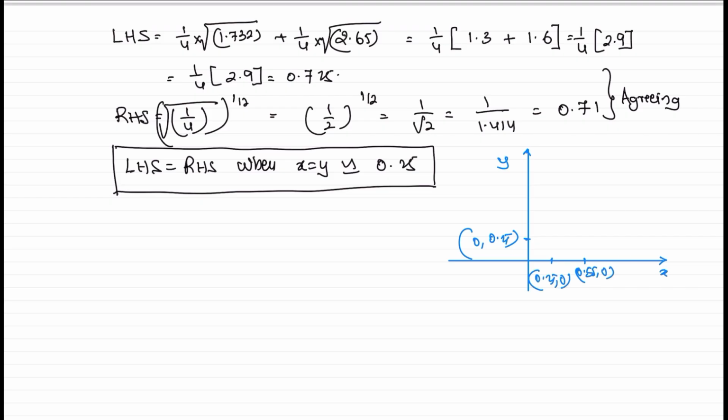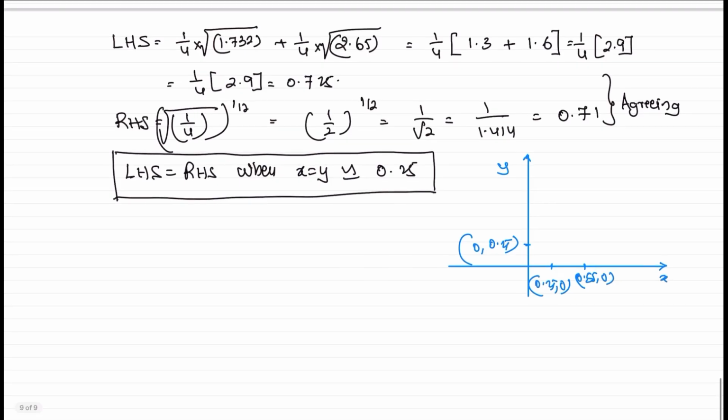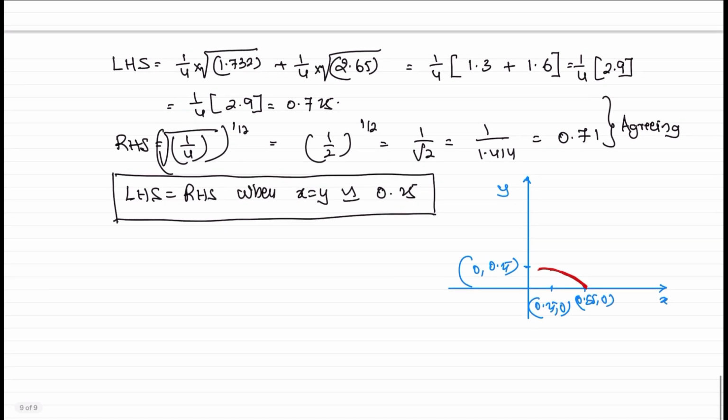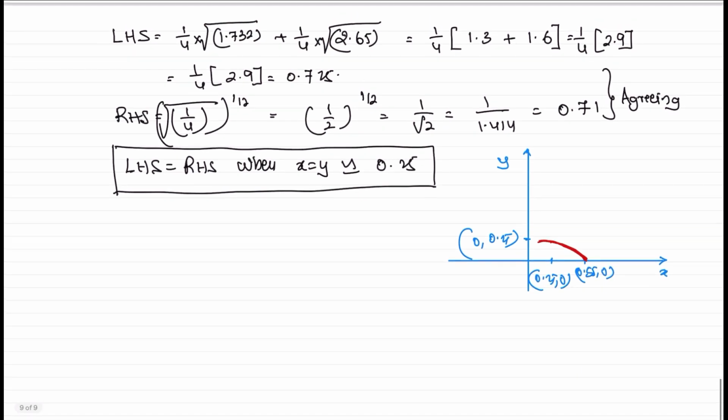Now the graph will be looking like this. The point will be here, the graph will be looking like this. Because it is a curve, we cannot draw the line, and x is equal to y will be here, x is equal to y.